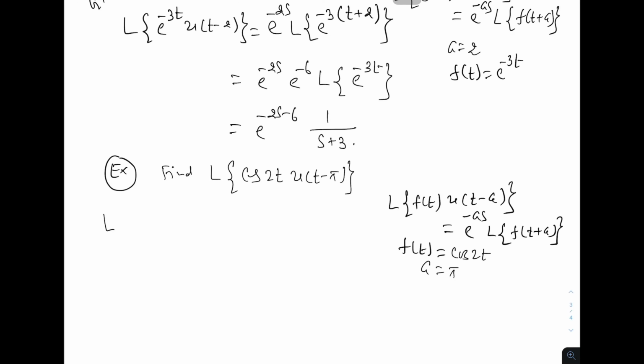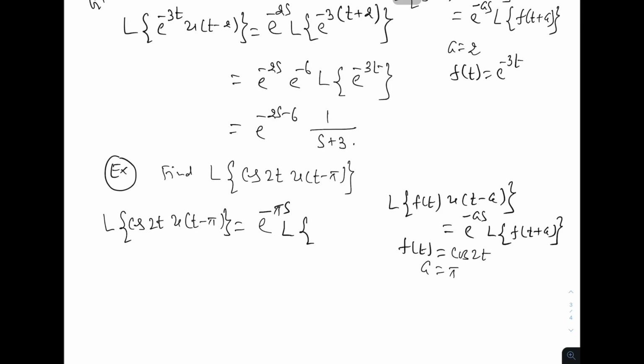So Laplace transformation of cosine 2t u of t minus pi equal to e power minus as. A is pi, so e power minus pi s, and Laplace transformation of f of t plus a.